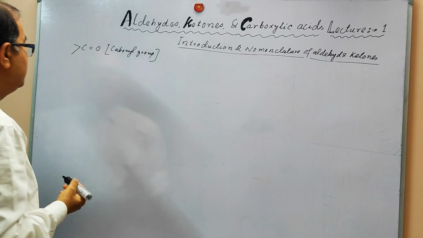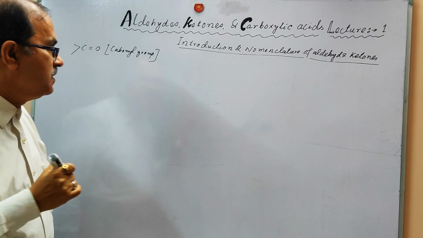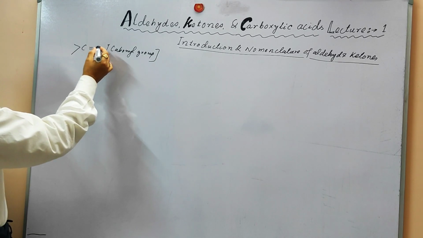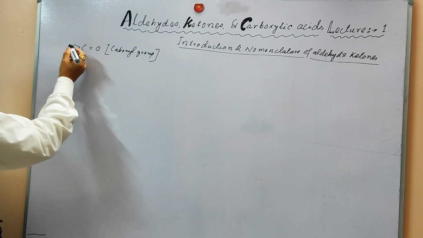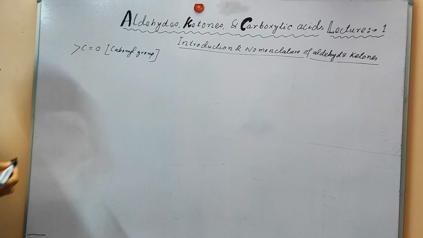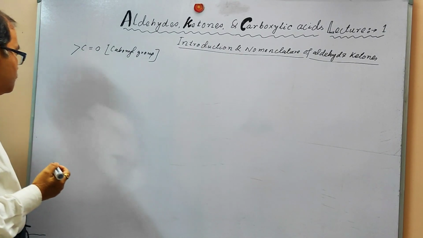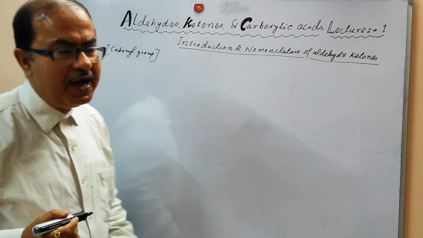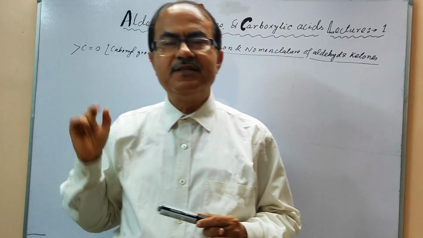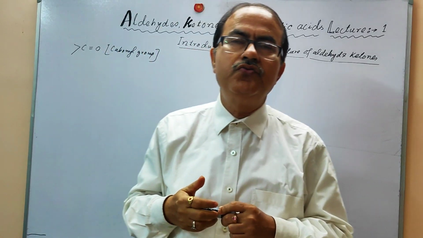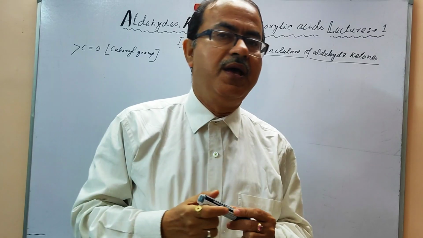And you can see one thing: carbon, as we know, has a valency of 4. Here 2 valencies have been occupied by this oxygen by giving a double bond, and the other 2 bonds are free for any type of atoms. So depending on the attachment of different types of atoms, this group is going to show different types of compounds.